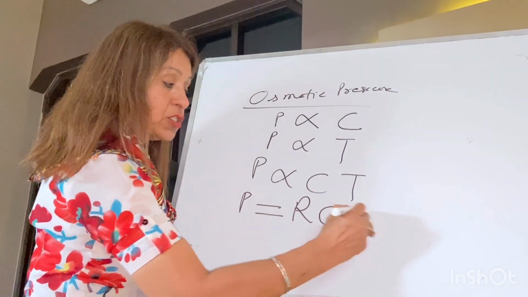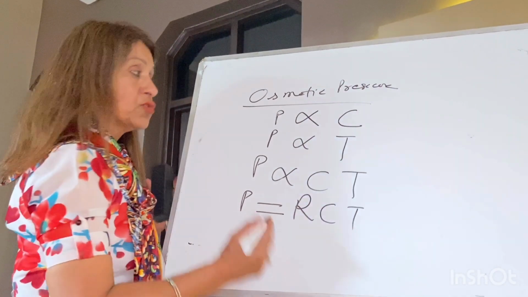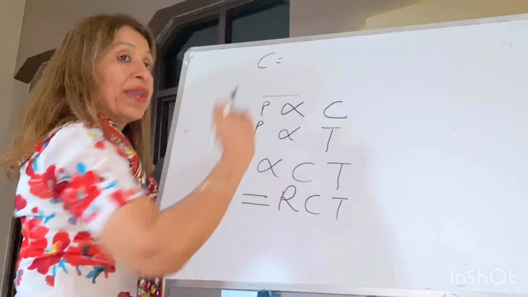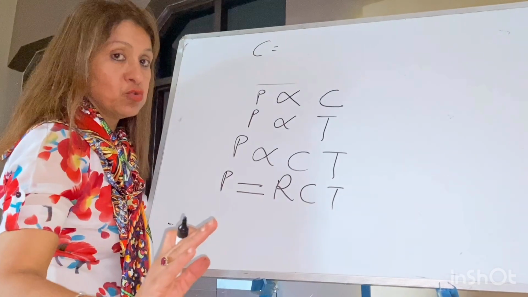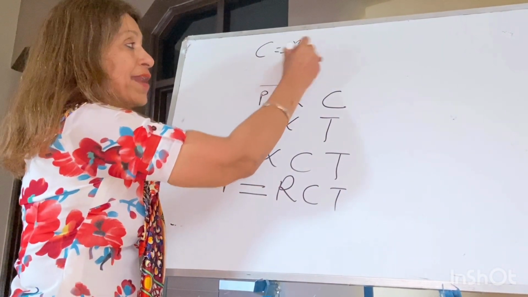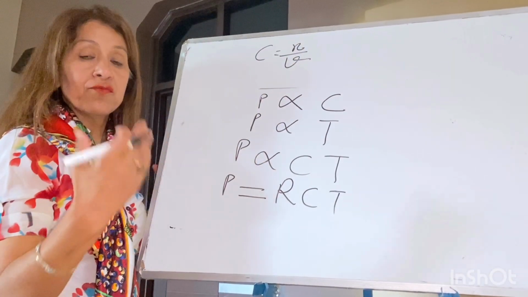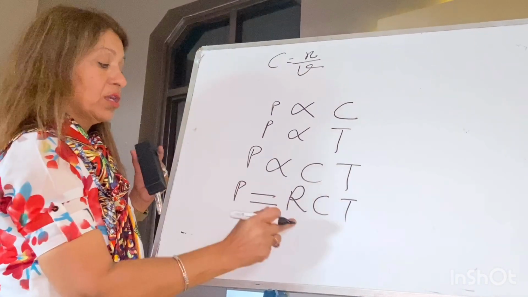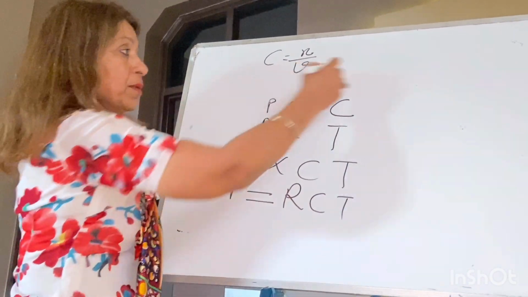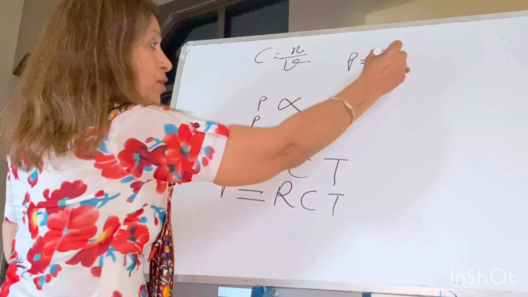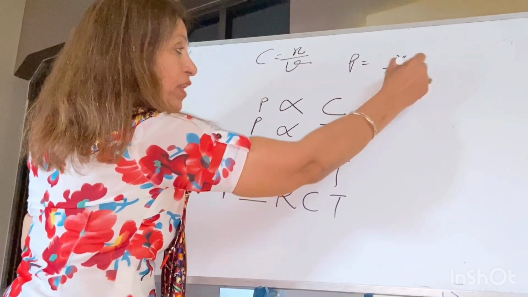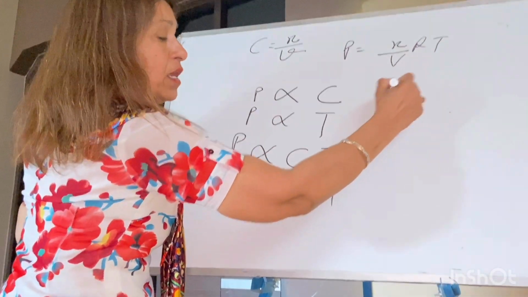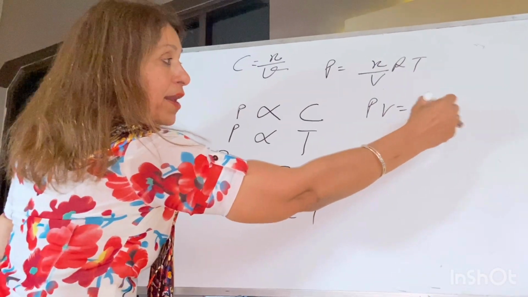It's P = RCT. What is concentration? Concentration we have done in very early pages of the chapter Solutions. Concentration is n by V, that is, number of moles per liter. Put the value of concentration here. This means P is equal to n by V RT. That means PV is equal to nRT.